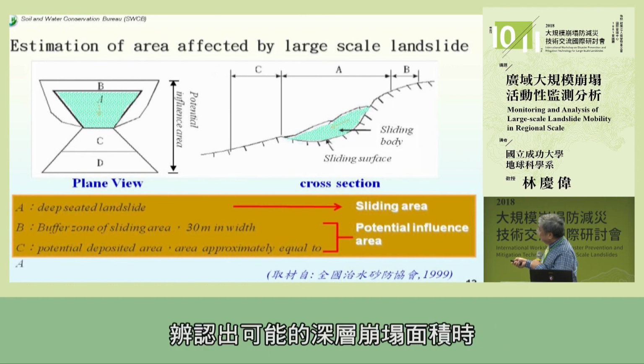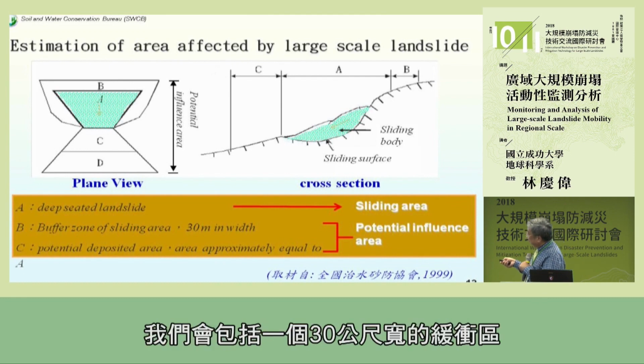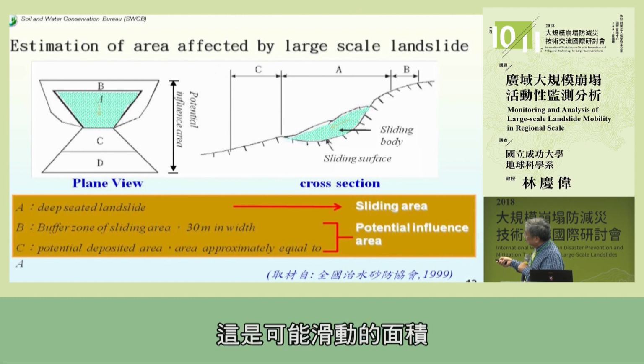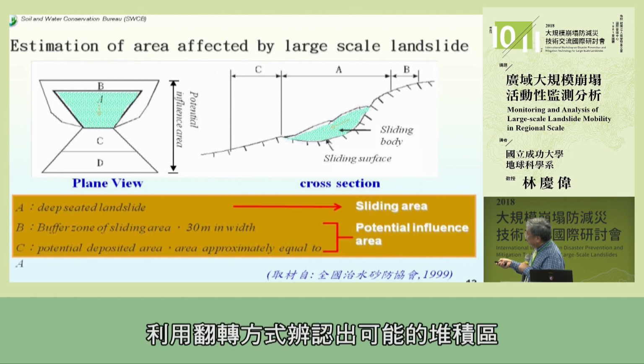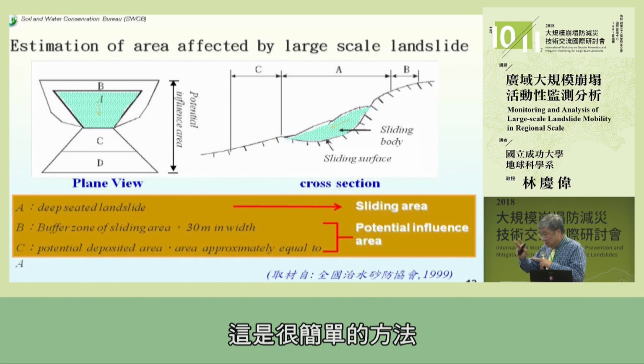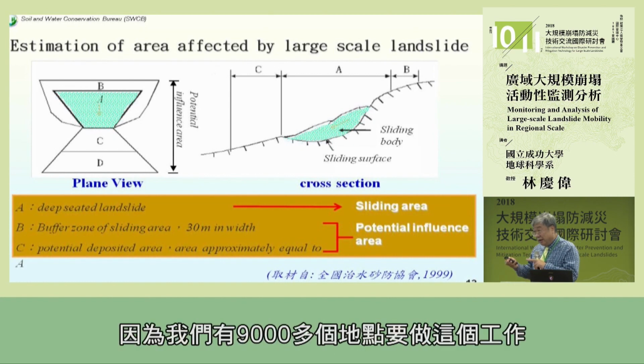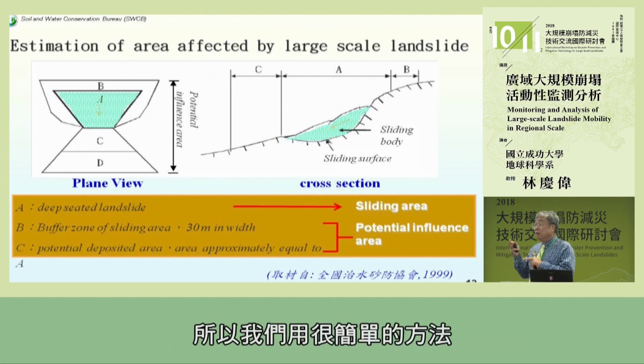If we identify the area of the potential deep-seated landslide, then we include a 30-meter wide buffer zone. That's the potential sliding area, and using the flip approach we try to identify the possible deposit area. It's a very simple approach because we have over 9,000 sites that need to be worked on. So we're using a very simple approach.